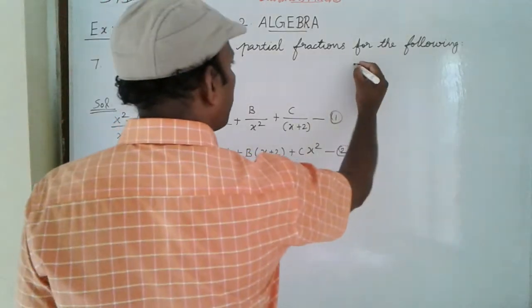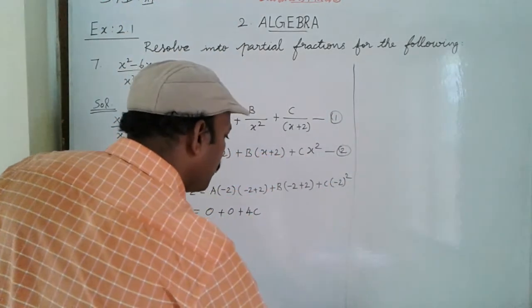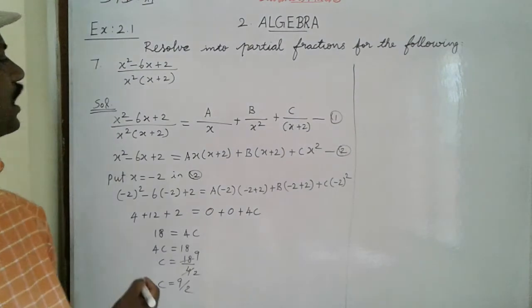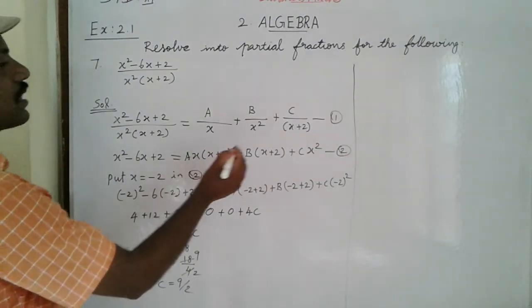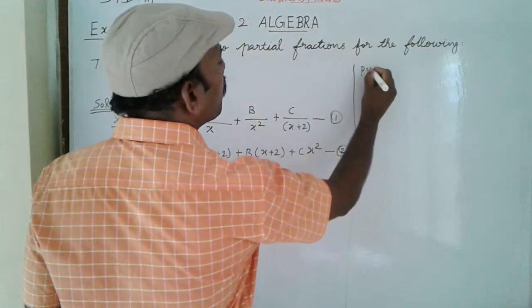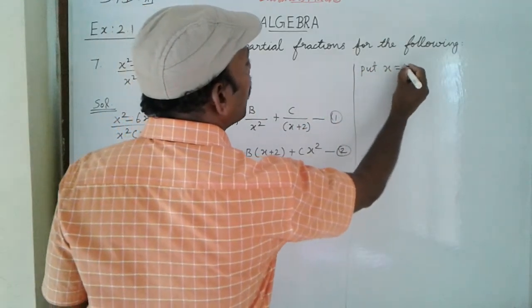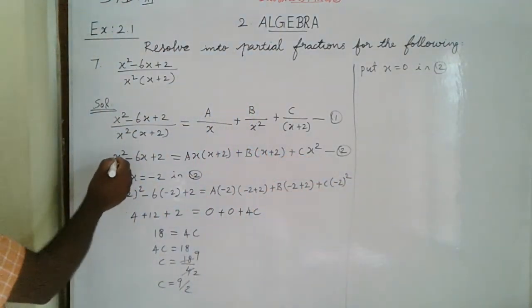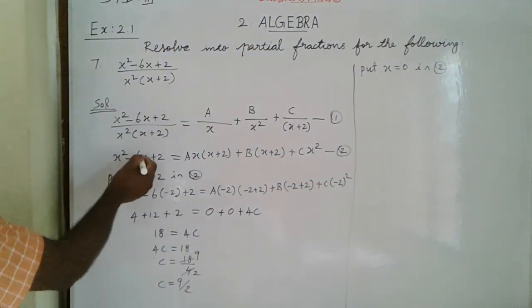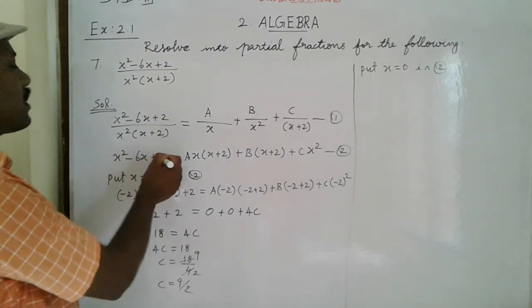Next, put x equal to 0 in equation number 2. Then 0 squared is 0, minus 6 into 0 is 0, plus 2 is the constant.